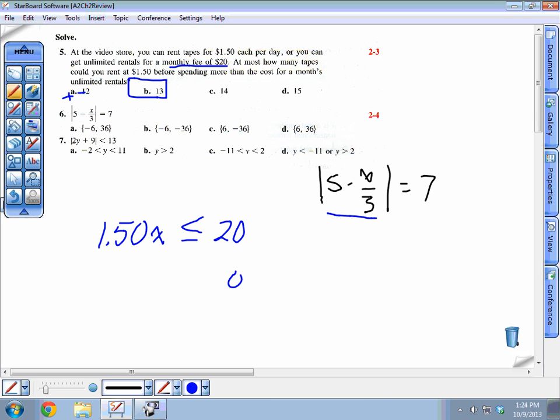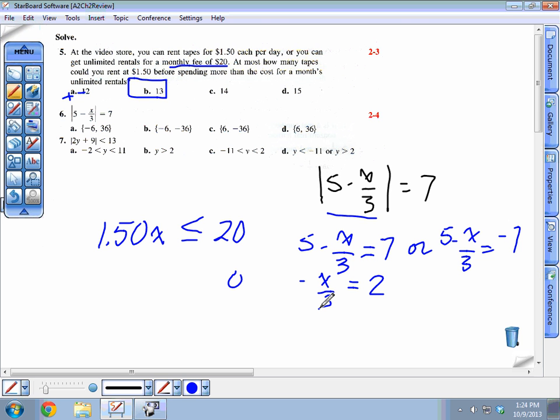Remember, this in here, 5 minus x over 3, is either equal to positive 7 or 5 minus x over 3 is equal to negative 7. So now you have to solve both of these as a disjunction. So subtract 5 from both sides over here.